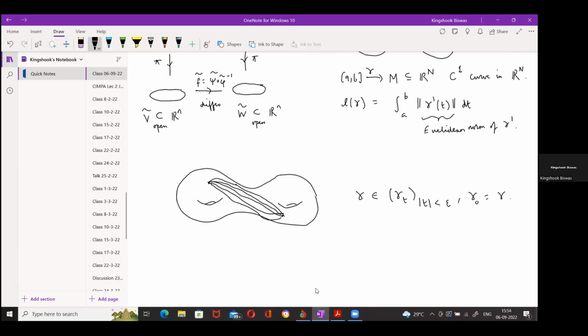So then if I look at the function t goes to length of gamma t, let me assume that this function is differentiable in t. This will be true if I take a smooth variation. Then this has a minimum at t equal to 0 because gamma is length minimizing.